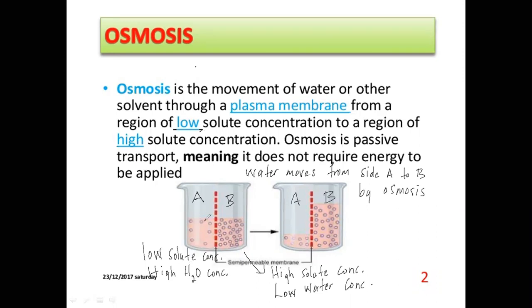Therefore, there is a high concentration of water inside A and a low concentration over on side B, and thus water moves by osmosis from side A to side B through the semi-permeable membrane, causing the water level to increase on side B and decrease on side A. This demonstrates osmosis.